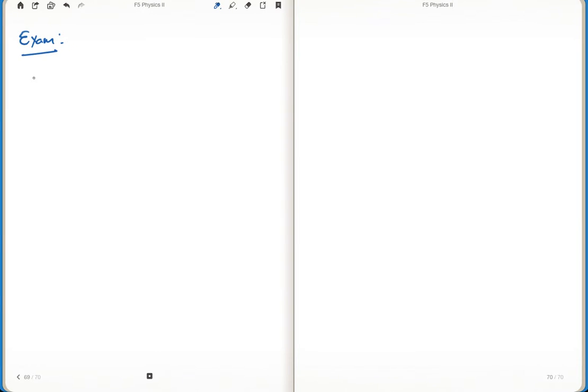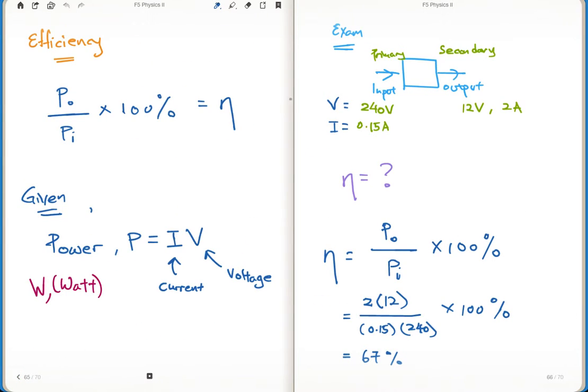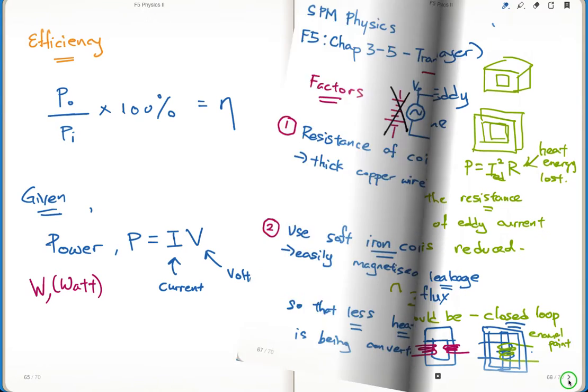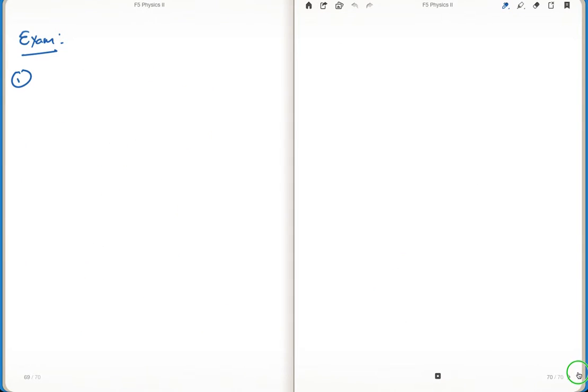So let me try one example with you together with the previous example, because previously I've gone through how to find the efficiency using power, but I believe I haven't gone through the number of winding. Yes, this question relates to number of winding.